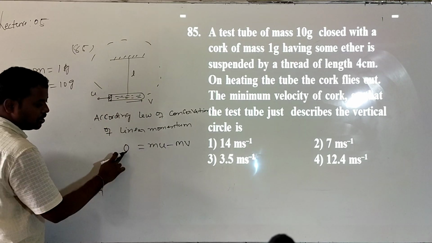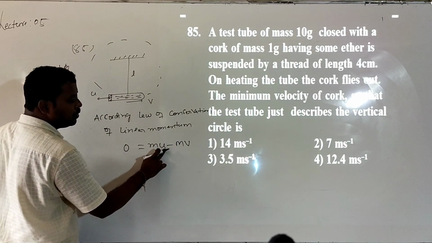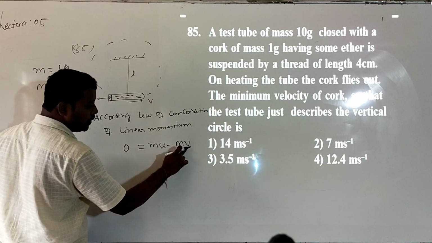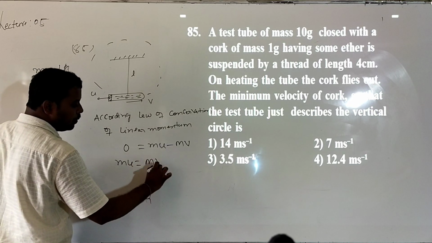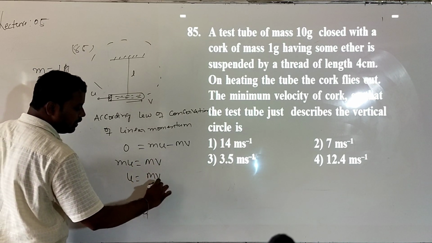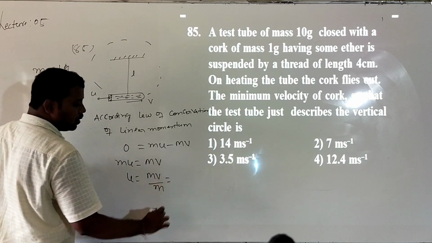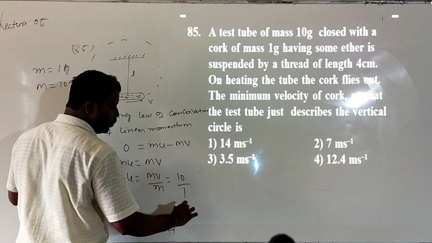Initially both are at rest, so the initial momentum is 0. Then m into u is equal to capital M into v. From this, u is equal to capital M into v divided by small m, where capital M is 10 grams and small m is 1 gram.